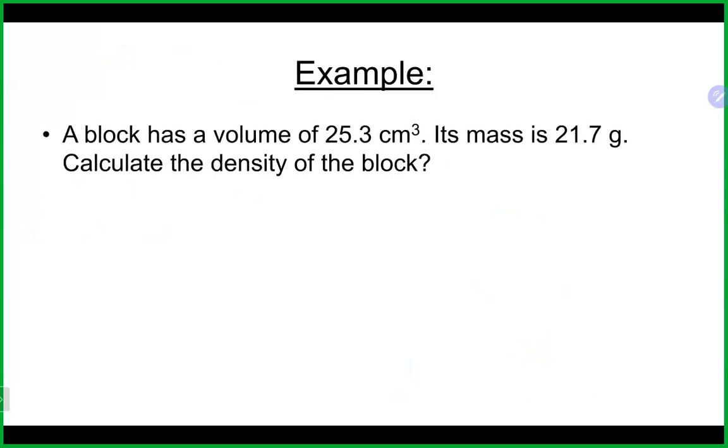A block has a volume of 25.3 cubic centimeters and a mass of 21.7 grams. Okay, so let's take a look. And once again, in chemistry and in general, when you're dealing with problems, it's really good practice to pull the information out of the problem and label what it is. So obviously we have a volume here that is 25.3 cubic centimeters.